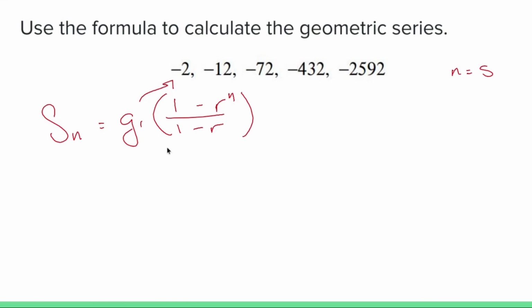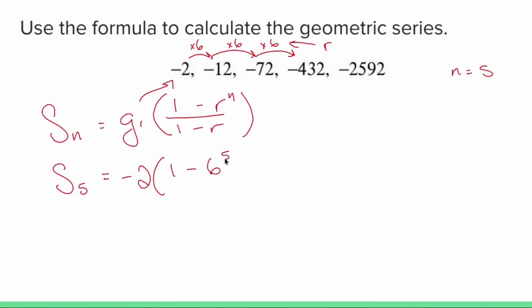And what else? We've got r, which is what you multiply to get from one term to the next. That's my common ratio. If I multiply everything by 6, we get from one term to the next, so 6 is going to be my r. Now it's a matter of plugging stuff in. The first 5 terms of this series is going to be negative 2 times 1 minus 6 to the 5, over 1 minus 6.